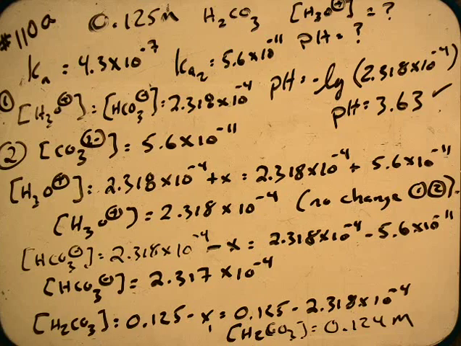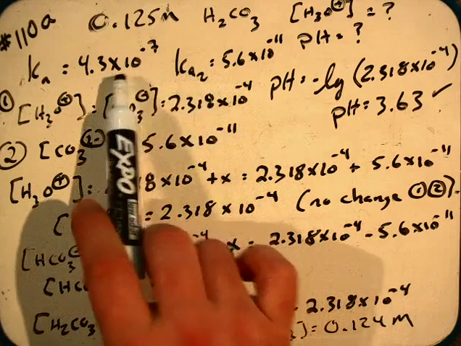And so while it didn't ask it, we can actually solve for all the concentrations that exist in equilibrium, even though it's a two-step process. But again, please remember, if you're just solving for pH or concentration of H3O+, keep in mind the differences in the Kas.